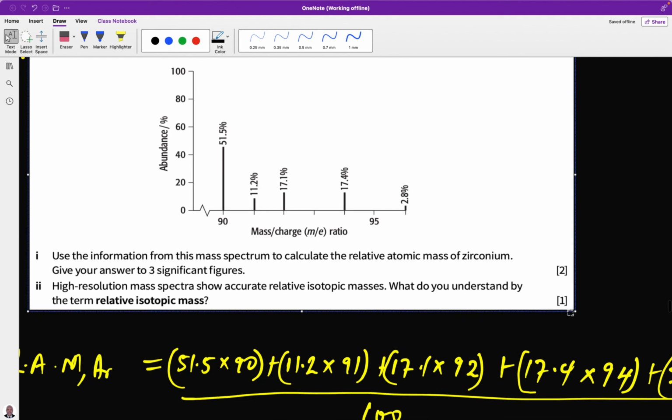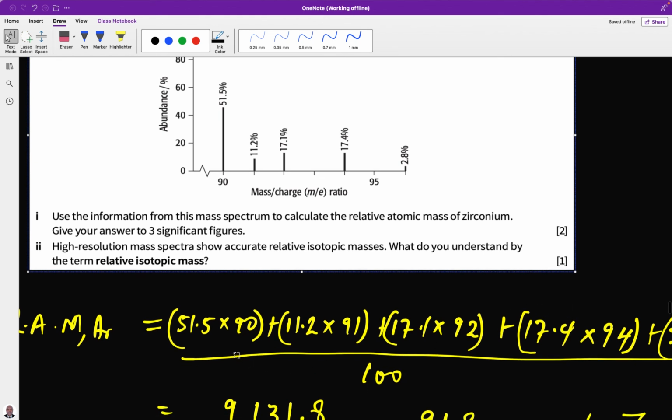Again, using the same formula I told you, percentage abundance times the atomic mass unit for each of the isotopes. So for the first one, the percentage abundance was 51.5, and the atomic mass unit of it was 90. Then we added the other one, which is 11.2 times 91.